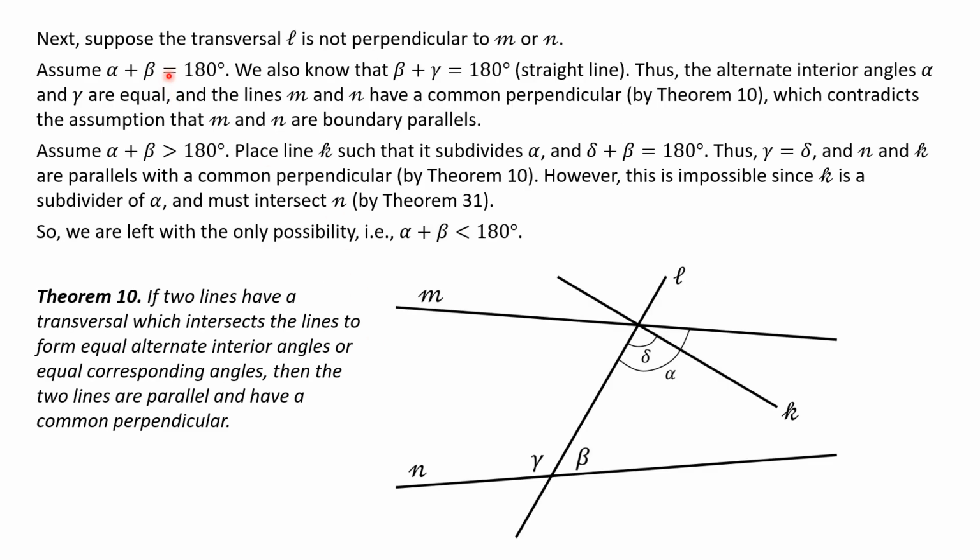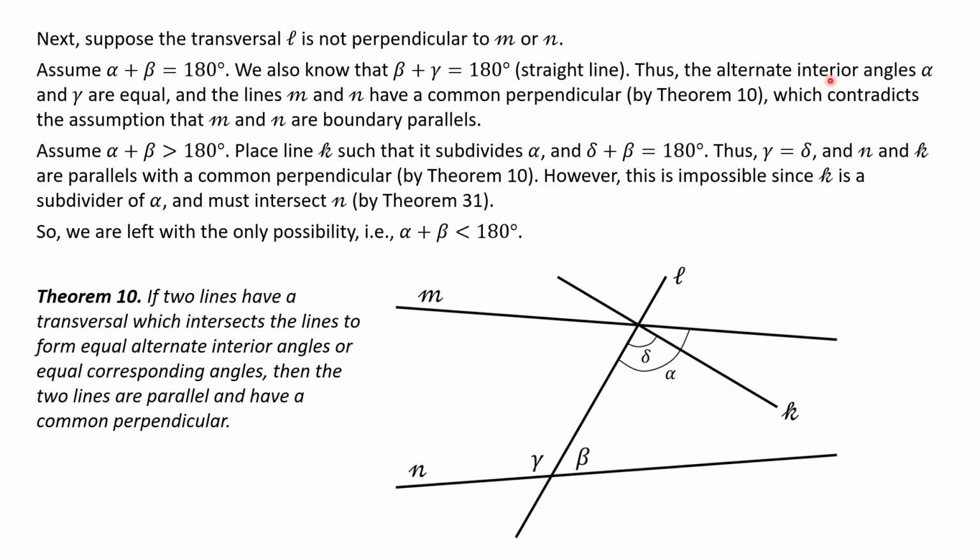Okay, next we suppose the transversal L is not perpendicular to M or N. We have three cases under this condition. First, alpha plus beta equals 180 degrees. And we also know that beta plus gamma is 180 because this N is a straight line.